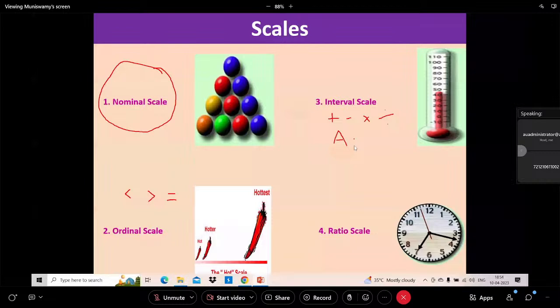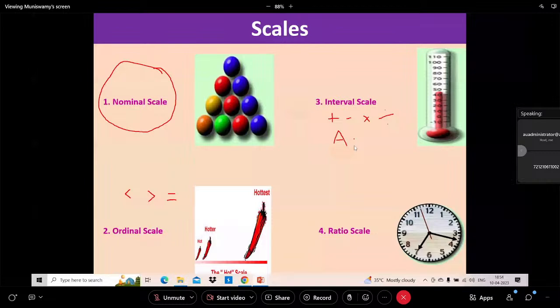So this is how we identify: this is nominal, this is ordinal, this is interval, and this is ratio. Simply, in nominal, variable values are names. In ordinal, variable values follow some order, some preferences.